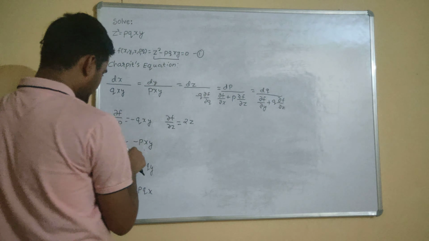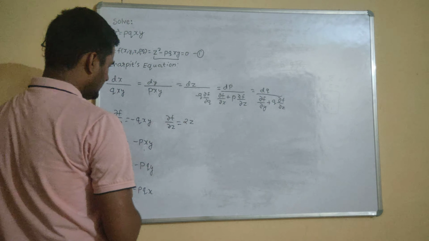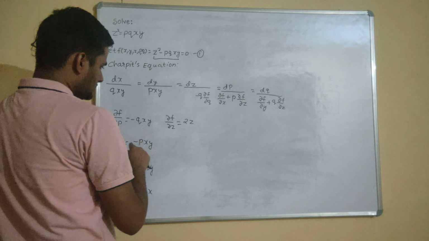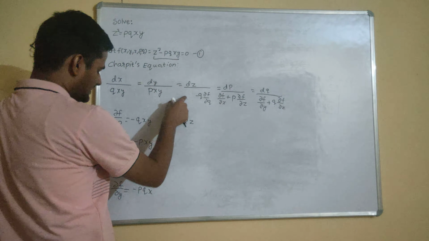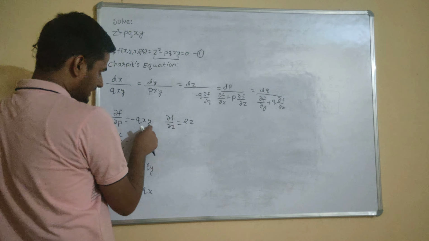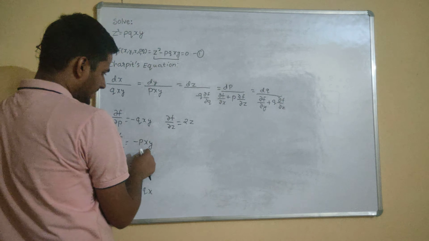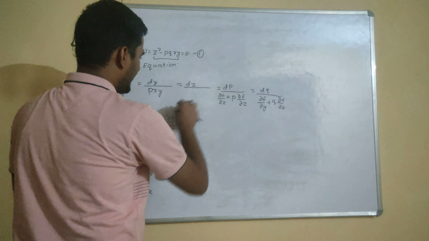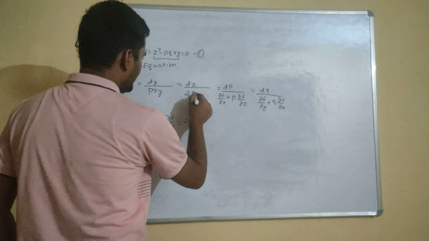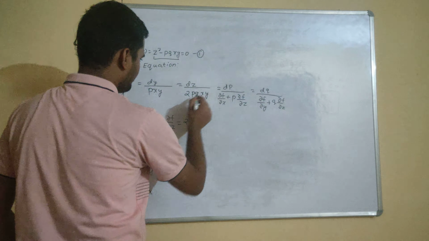Multiply this by minus q, so again minus pqxy. If you multiply this by del f by del p into minus p, pqxy will be there with positive, pqxy with positive, so twice, I can simply write 2 times pqxy.